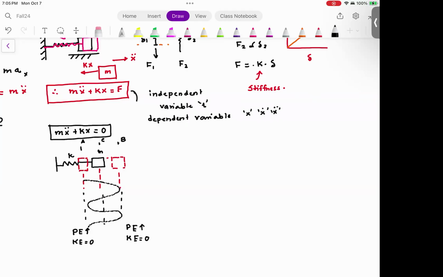On the other hand, at the center, the spring is neither stretched nor compressed, but the velocity is maximum. So the potential energy is zero and kinetic energy is maximum. Do you agree with me?